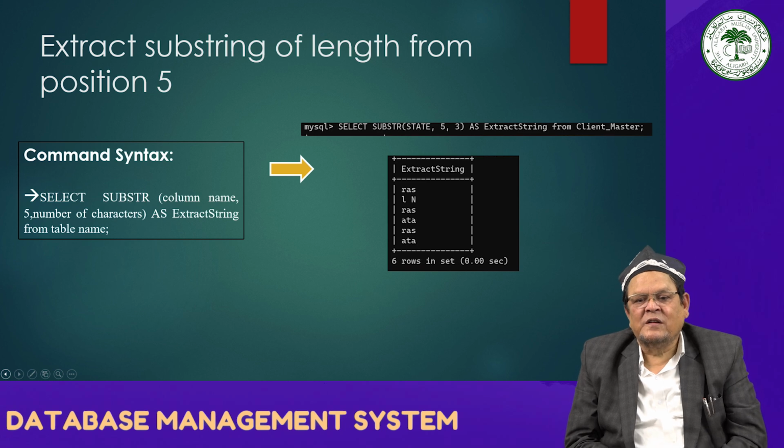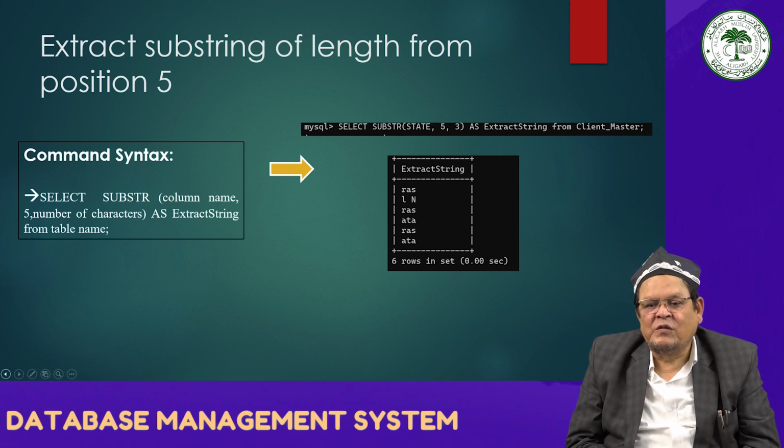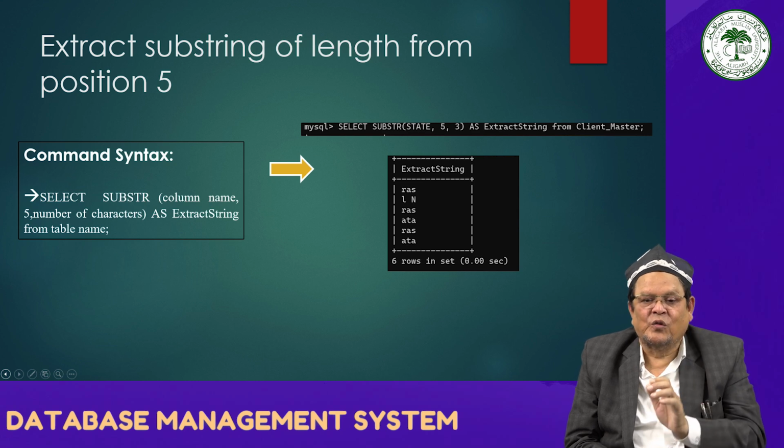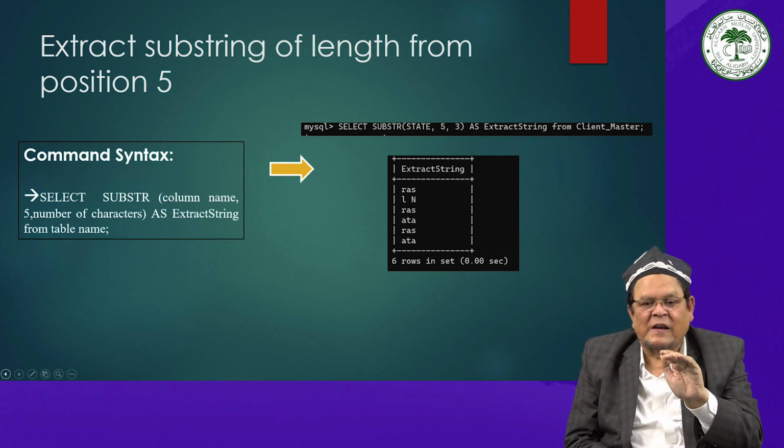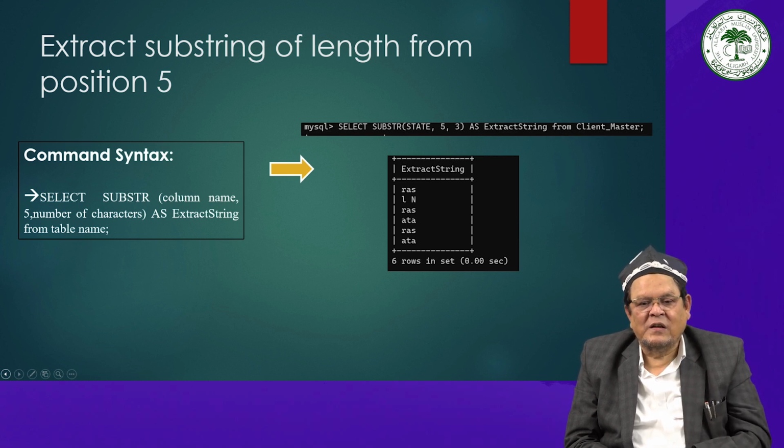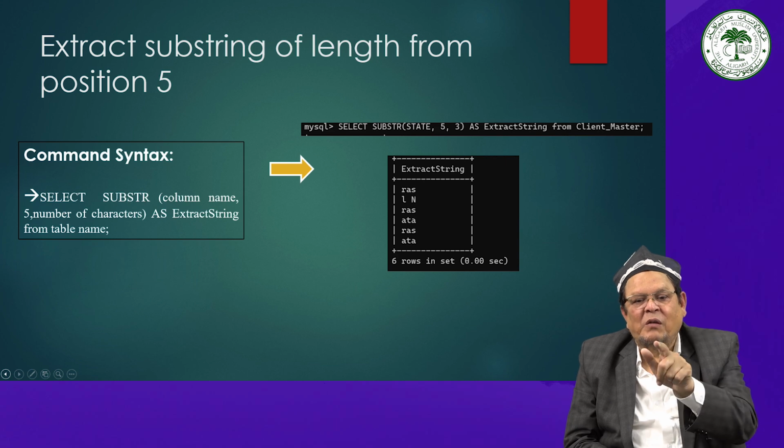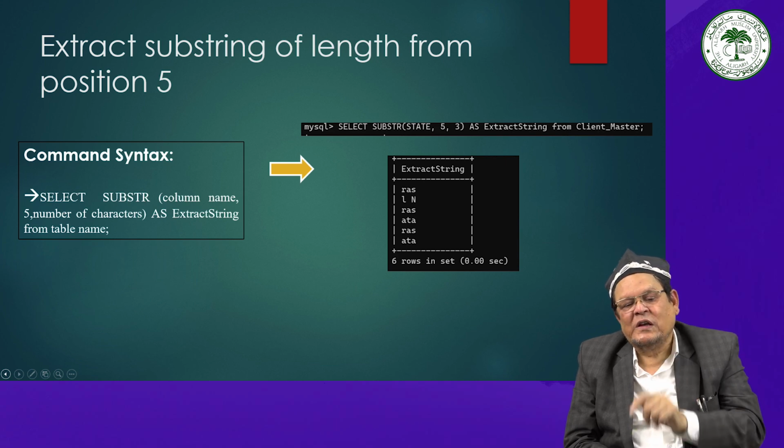As we extract a string from client master, when you press, it will show like that. Extract a string is done. A blank also it will treat as one character.